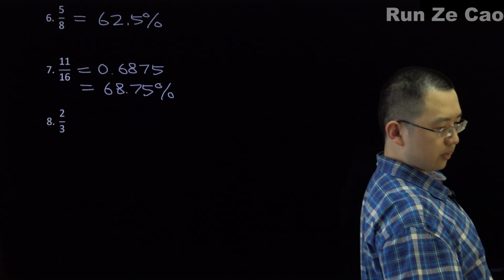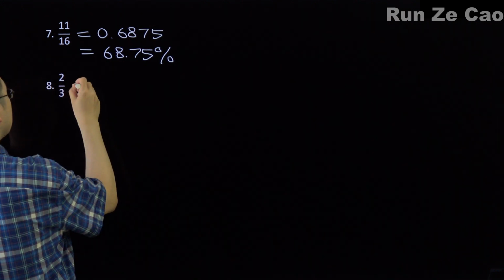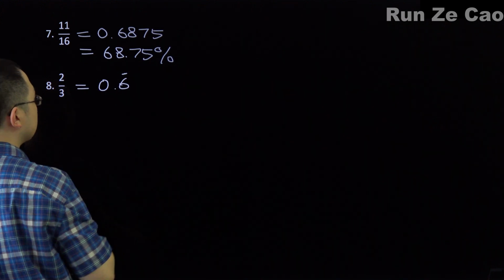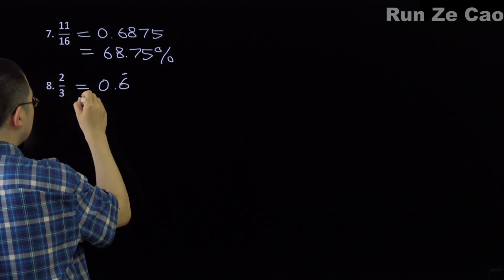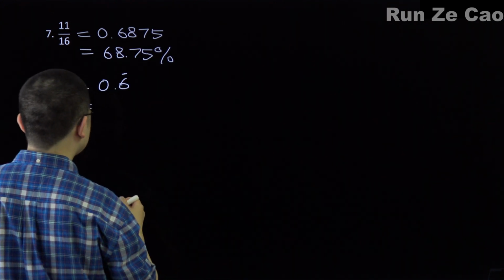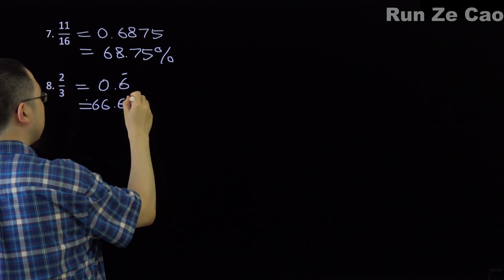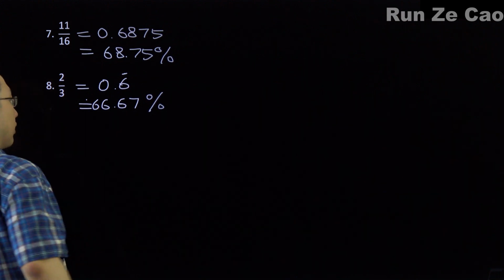Now 2/3. 2/3 is 0.6 repeating, which is approximately, it said round to the nearest hundredths if necessary, that means hundredths of a percent, 66.67% approximately.